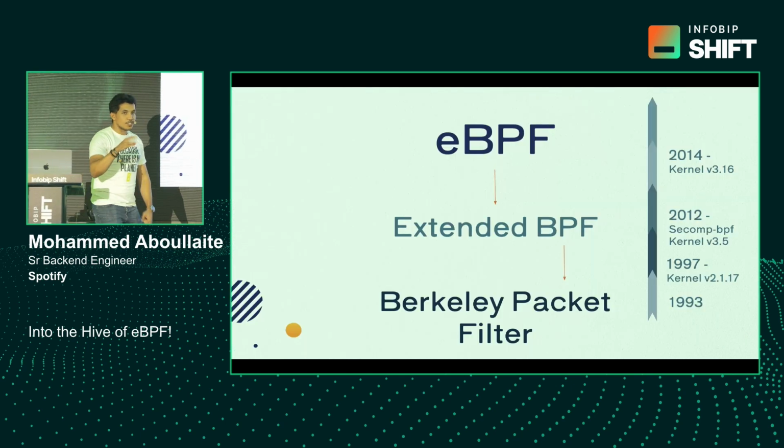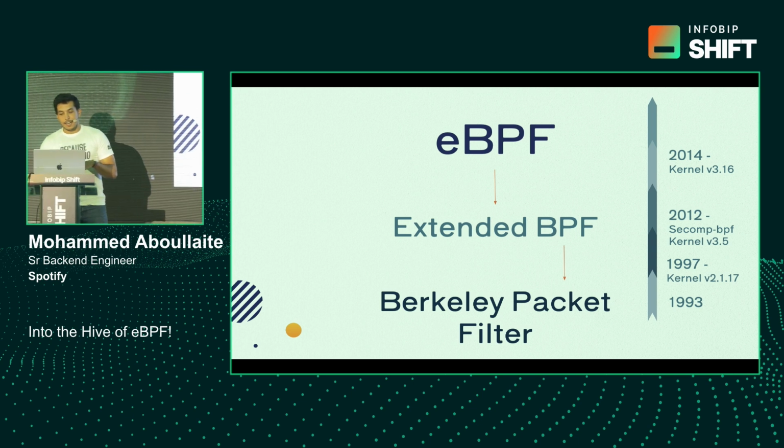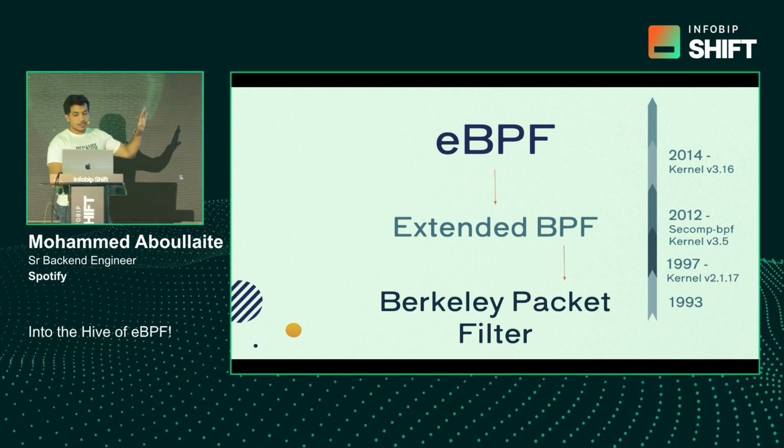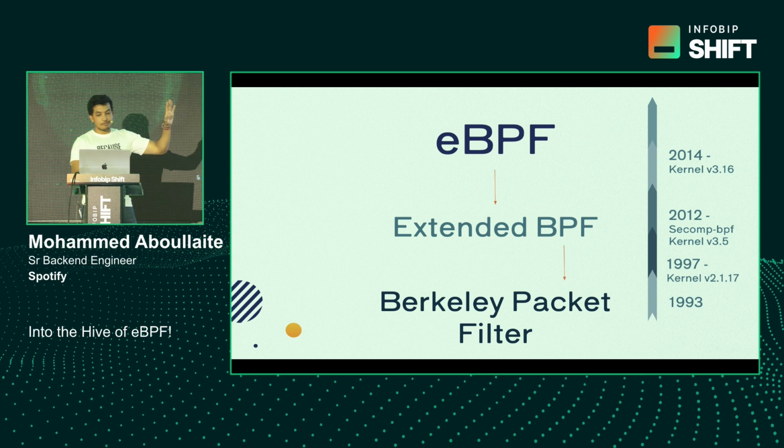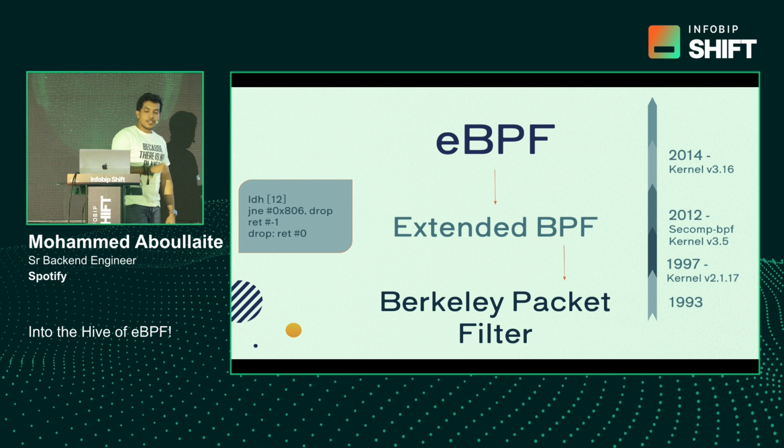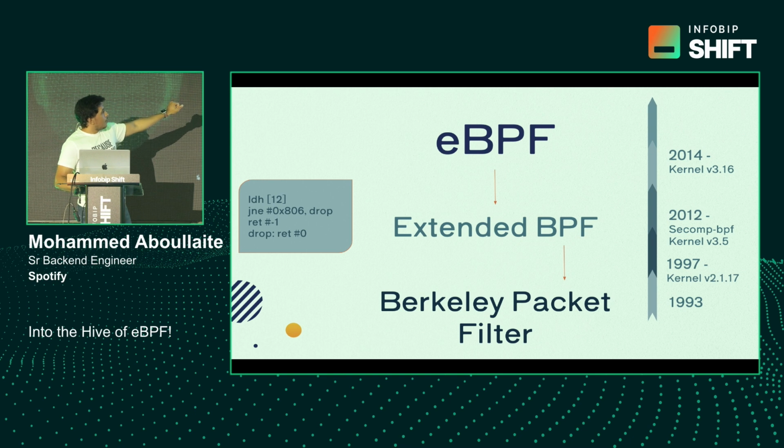A little bit of history to understand what eBPF actually is. It started with BPF, Berkeley Packet Filter, introduced in a paper in '93. It was basically a language that looks very similar to assembly language to handle packet filtering, to handle network packets. That's an example of how it works.